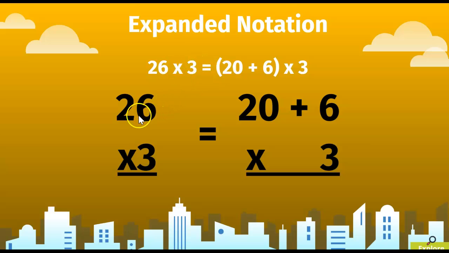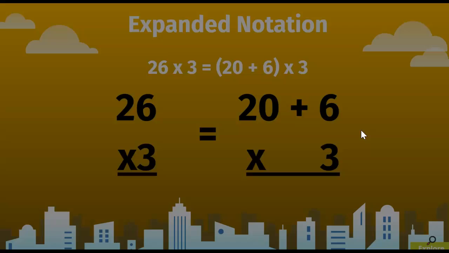Here I've broken apart, decomposed, the 26 to be 20 plus 6, times 3. I don't need to decompose the 3. So now I've got 20 plus 6 times 3. That's our first step.